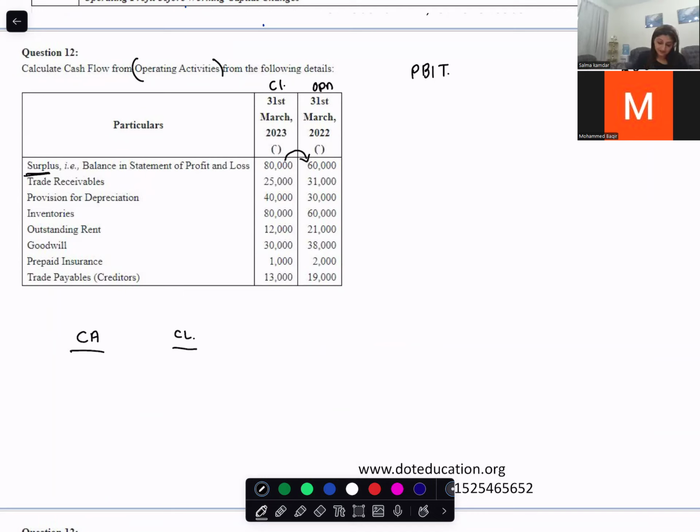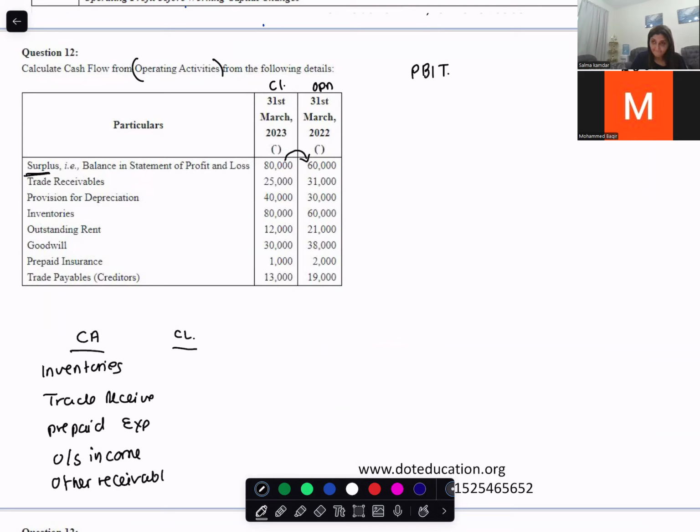Inventories, trade receivables, prepaid expenses, outstanding income, and other receivables are current assets.